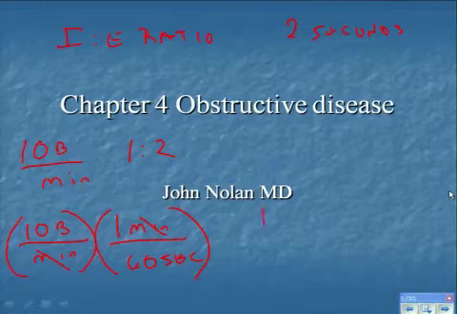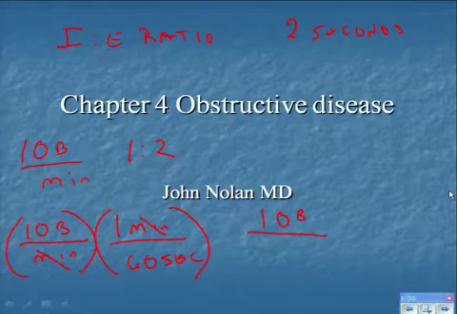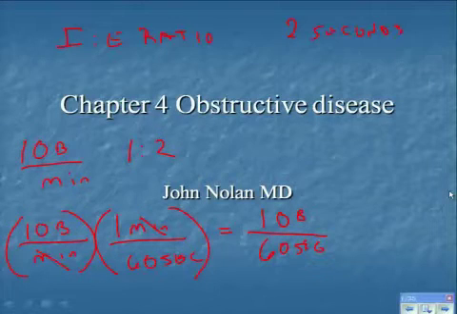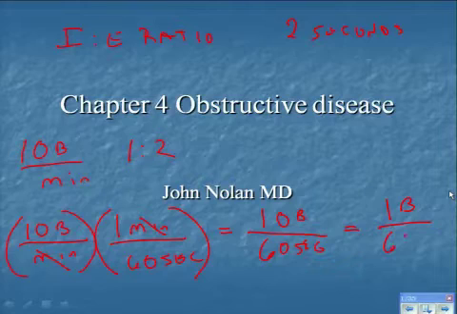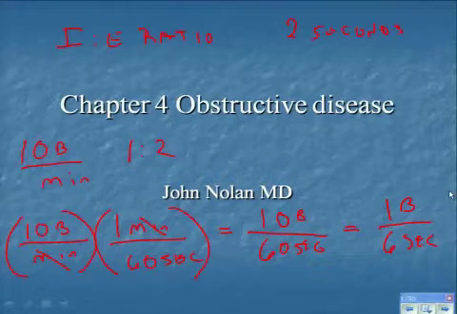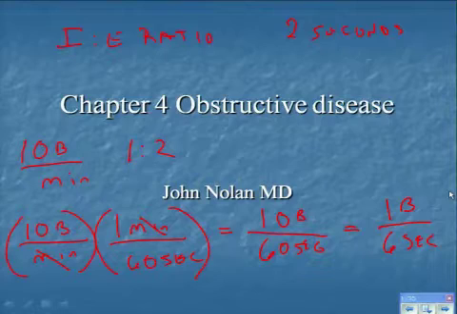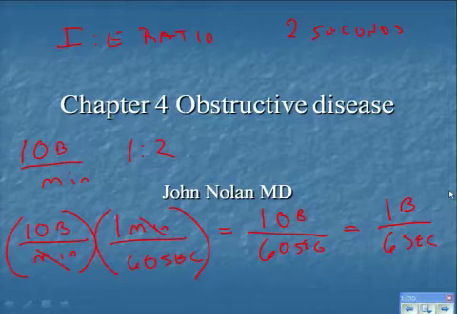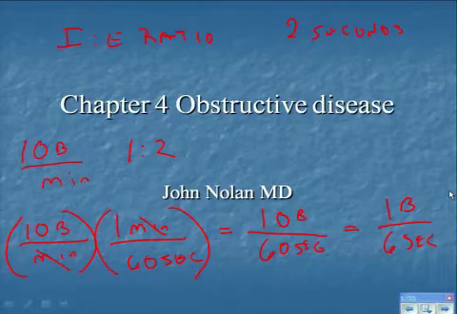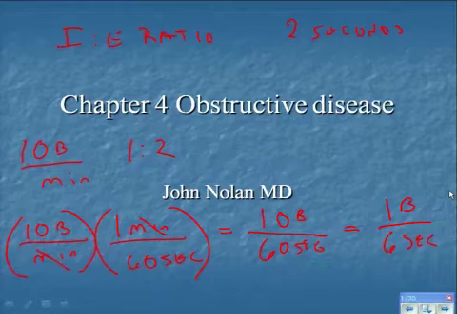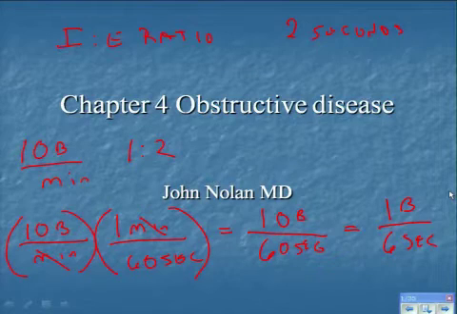That gives me 10 breaths over 60 seconds, which equals 1 breath every 6 seconds. That means 1 breath takes a total time of 6 seconds. What does 1 breath contain? 1 breath contains inspiration and exhalation.